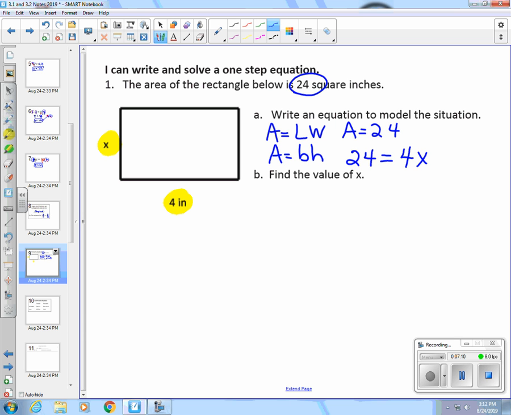We know what formula we're using. We know that the total is 24 inches squared. And so we'll set 24 equal to 4x. Now we have to find the value of what x is. So we will divide by 4 on both sides, inverse operation, and x will be equal to 6. And in this case, that would be 6 inches because there's no label over on the problem at all.